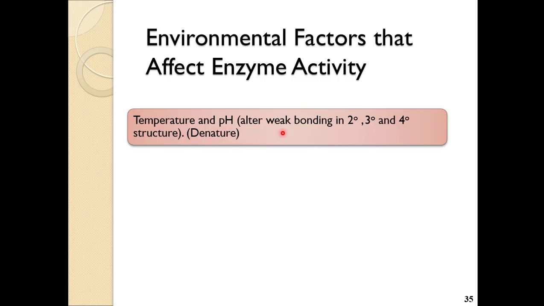They only, though, unravel the secondary, tertiary, and quaternary structures. So these numbers are referring to the structure of the enzyme. So secondary, tertiary, and quaternary. They do not denature the primary structure. The primary structure is the connection between the amino acids. So in other words, even if temperatures get very high, typically amino acids themselves do not come apart. The chain stays together, but all the other structures within the protein fall apart as temperatures get higher.